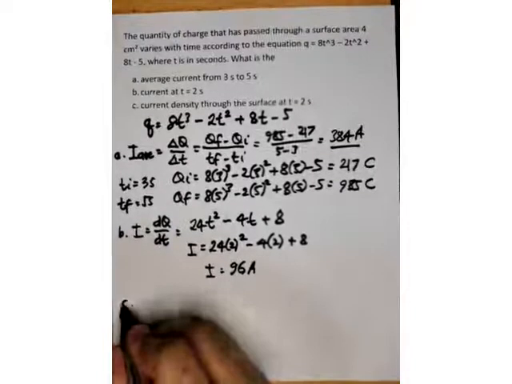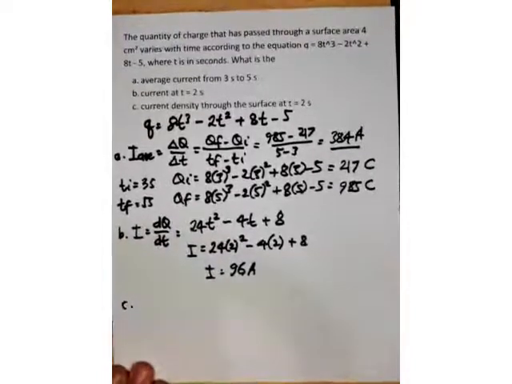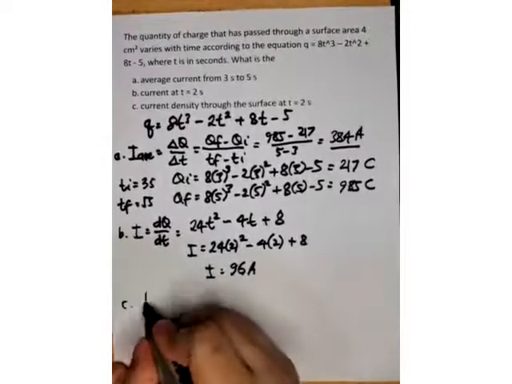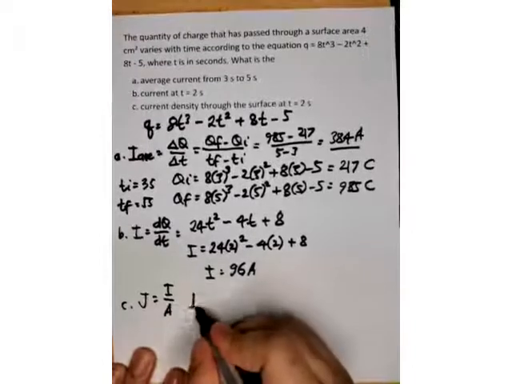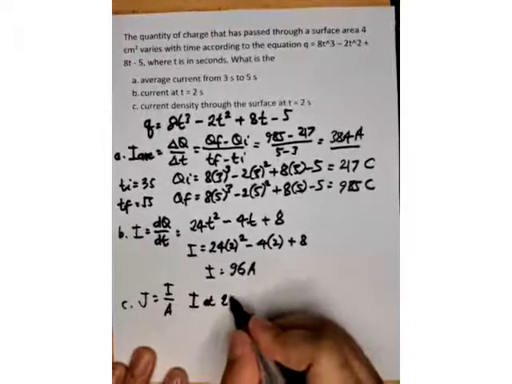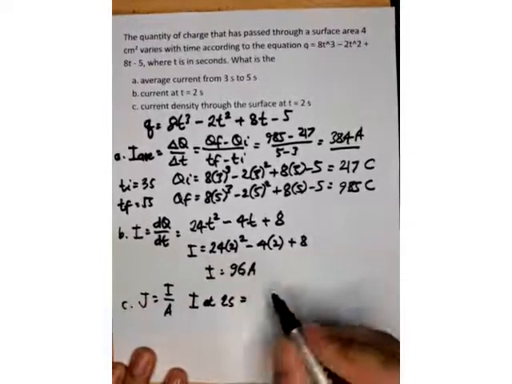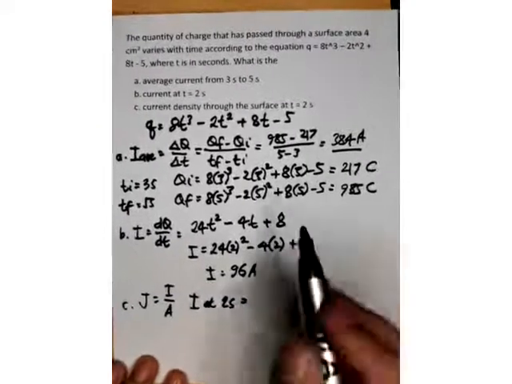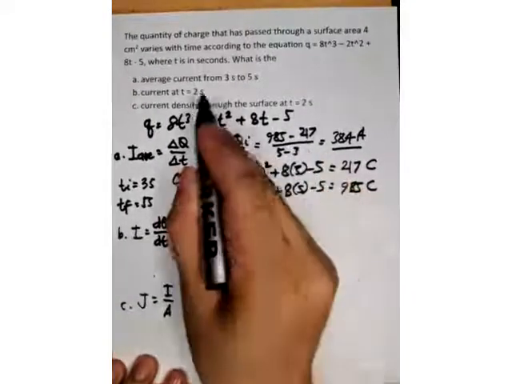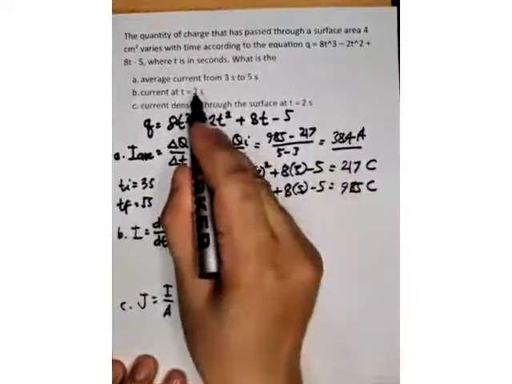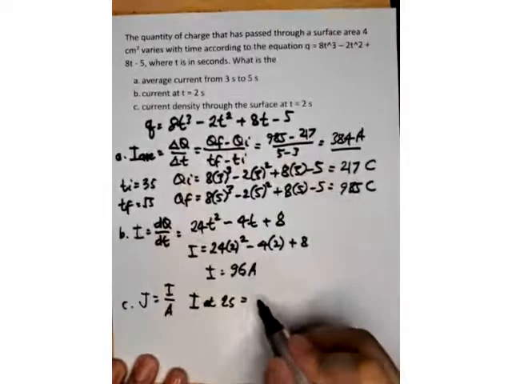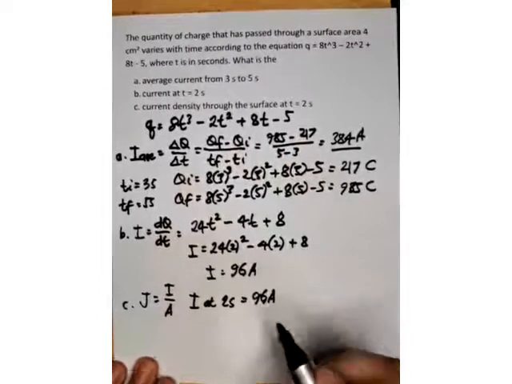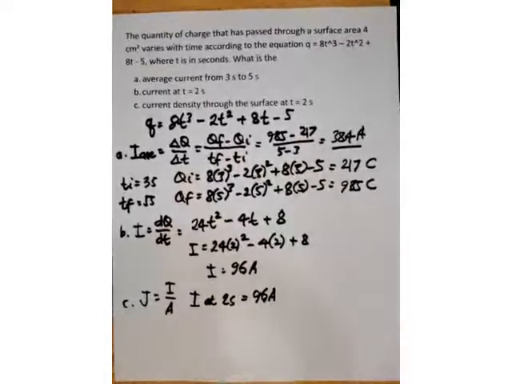Next, letter C. So what is the current density at 2 seconds? So current density is equal to I over A. But what is I at 2 seconds? Okay, it so happened, class, na 2 seconds yung A at saka yung B at saka yung C. So pareho sila. So that means pwede nating gamitin yung 96 amperes, kasi yun yung current at 2 seconds.